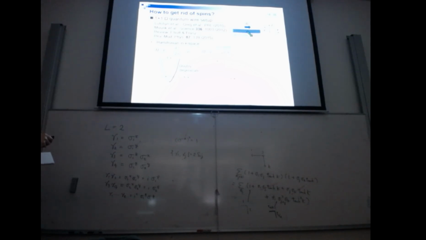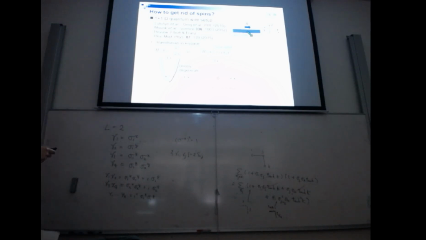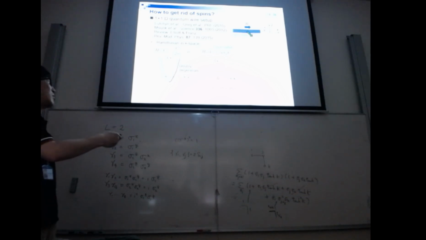But you still have a degeneracy at k equals 0, because k equals 0 is special in that it is a time reversal invariant point. So this degeneracy is protected by time reversal symmetry. It's just a Kramers degeneracy. But you can split this degeneracy by adding a magnetic field, because a magnetic field breaks time reversal symmetry, right?